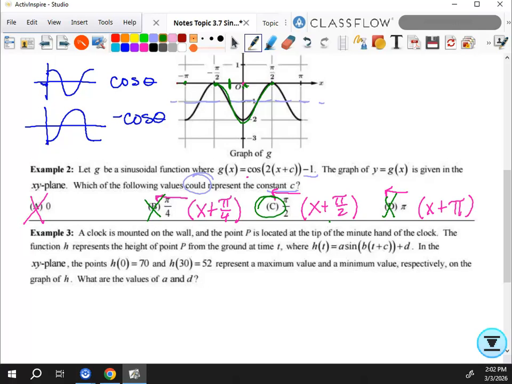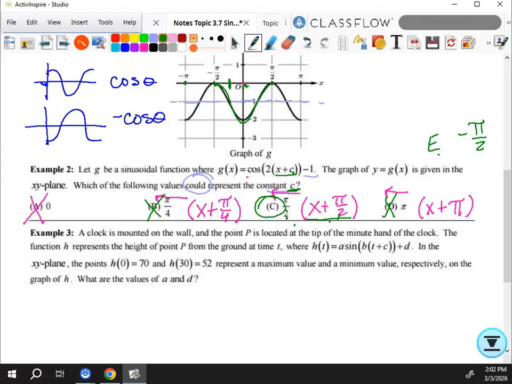Oh, you're right. It looks the same. And to be honest with you, it could be either one. The reason I know that this is plus is because this says x plus c, and this says the constant c. So if I'm just going to take c and substitute it in there, this is what it looks like. If my answer choice was E and I had a negative pi halves, then I would have 2 correct choices.